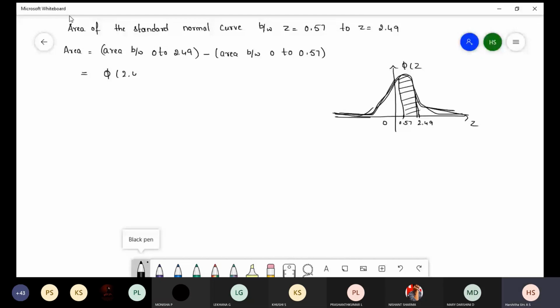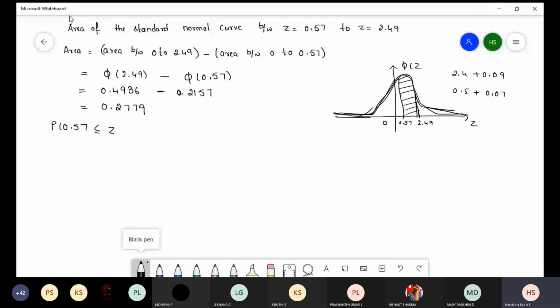So 2.49 means 2.4 plus 0.09. Again 0.57 means 0.5 plus 0.07. So what is 0.4936 and what is 0.2157? Yes, probability of 0.57 less than or equal to Z less than or equal to 2.49 is equal to 0.2779.